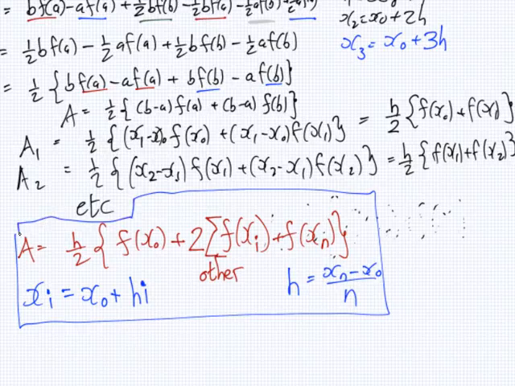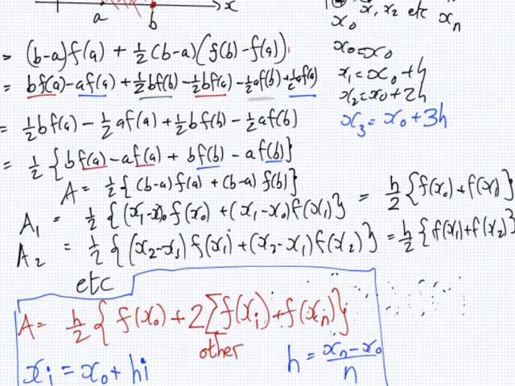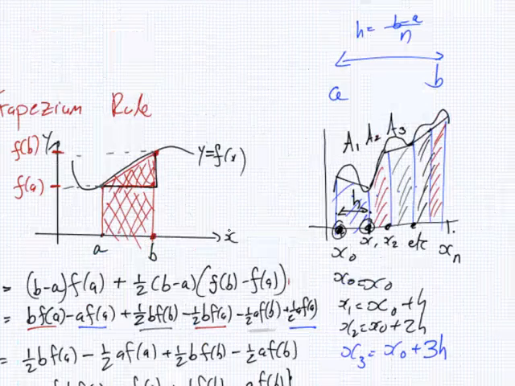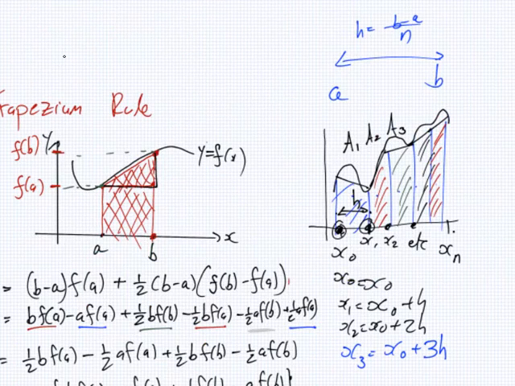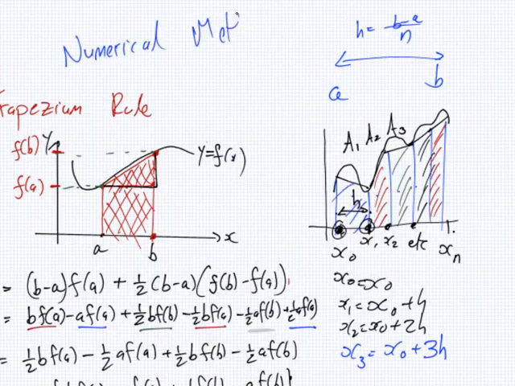This is the trapezoid rule. It's a way to calculate the area without integrating by just adding up different heights. It'll make more sense in a moment when I do an example, but it's an example of what's called a numerical method. Remember when we did Newton-Raphson's formula?